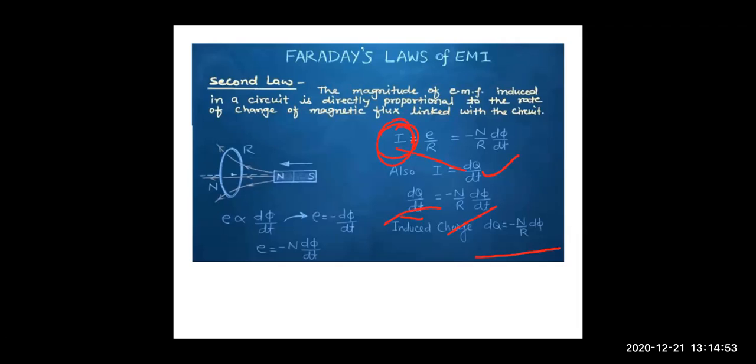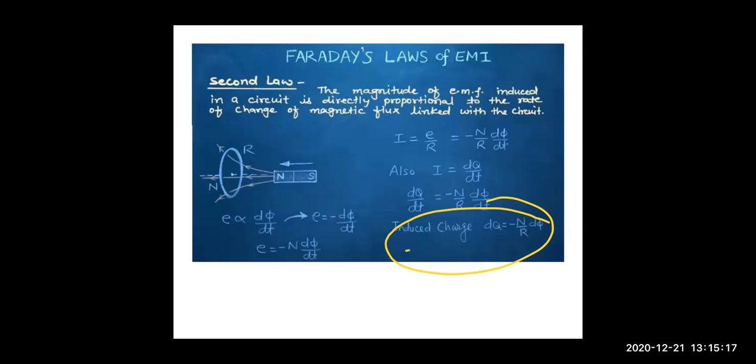So children, here if you see, the induced charge does not depend upon time, right? It only depends upon the change in flux and not on how fast or how slow the flux changes.